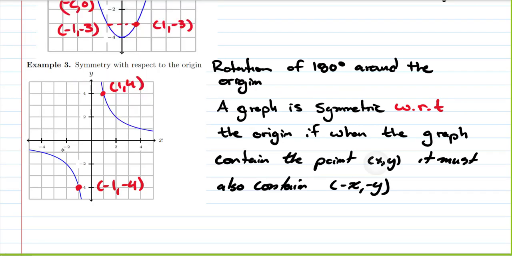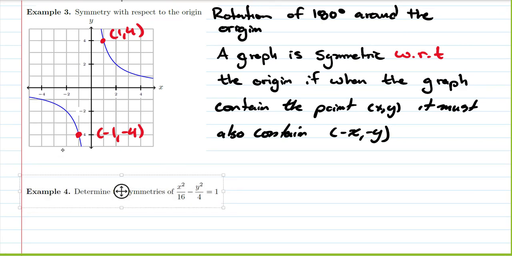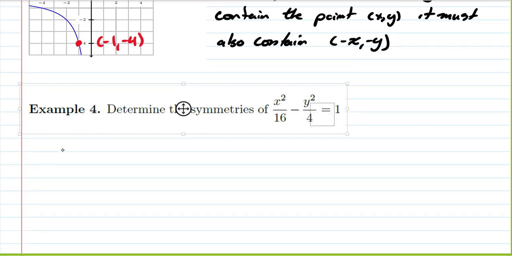So we want to determine the symmetries of this graph. But this time we weren't given a graph, we were given an equation. So to test for x-axis symmetry, we are going to do the following.